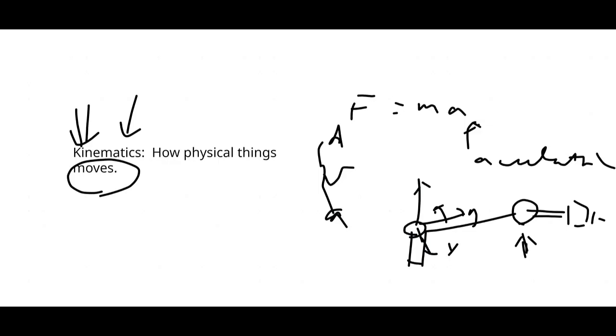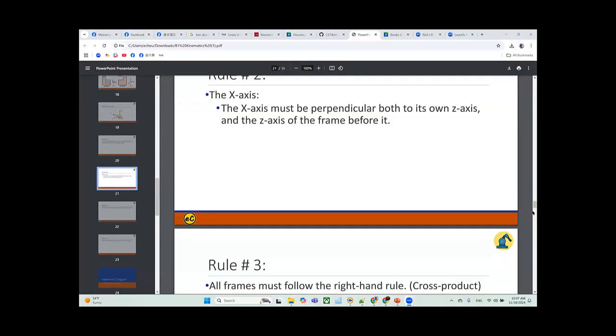If your rotation is not 90 degrees, you have a spatial angle to do the rotation, then there's an alpha angle. So the whole kinematic diagram, you need to model it and show those factors that are related to how things move. That's what a kinematic diagram is all about.